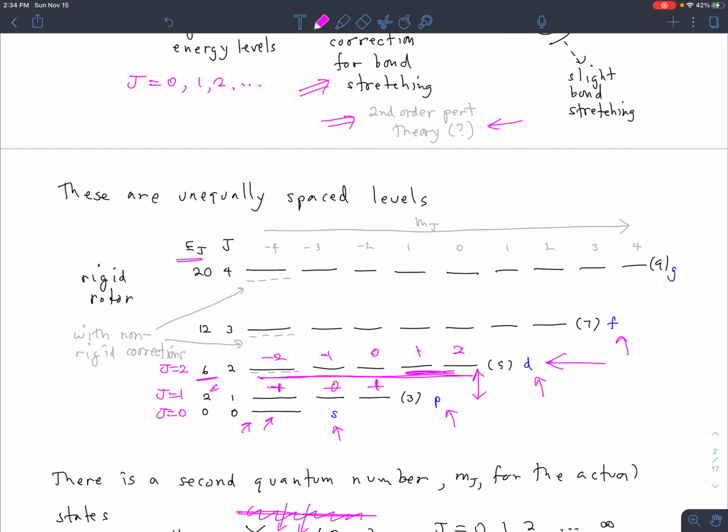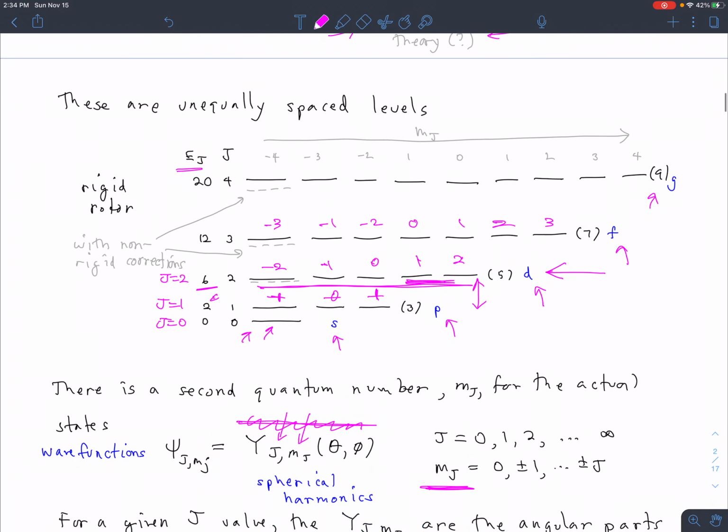And all these states are at the same level, so they don't change the gap. For J equals 3, there are 7 states: -3, -2, -1, 0, 1, 2, and 3. For J equals 4, there are 9 states on the same level, and so on.